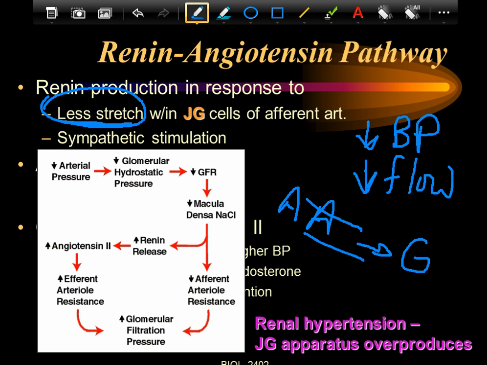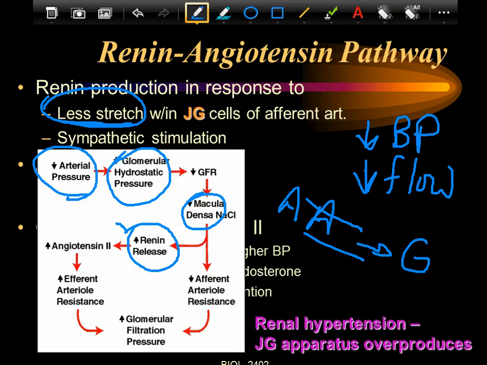It's more, I don't want to say collapsed, but the flow is down. It's like a little stream, since we're in a drought. Anyway, as a result of a drop in arterial pressure and a drop in glomerular hydrostatic pressure, here we go with the JG cells and the macula densa. They produce renin. It goes out into your blood. The renin acts on a hormone that came from your liver, called angiotensinogen.